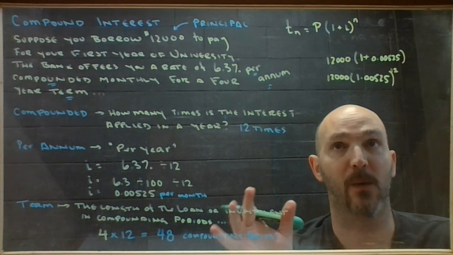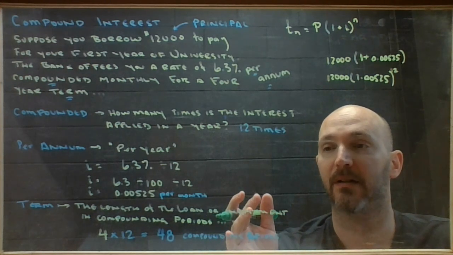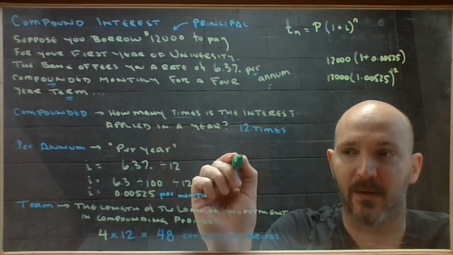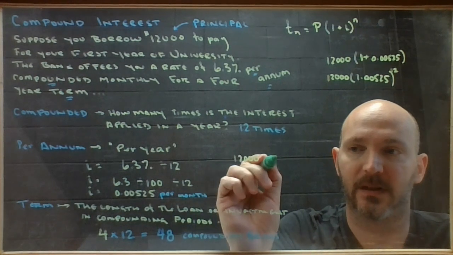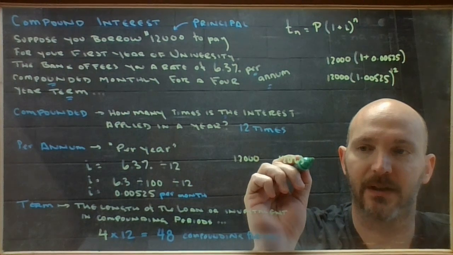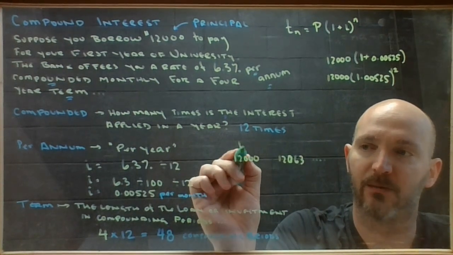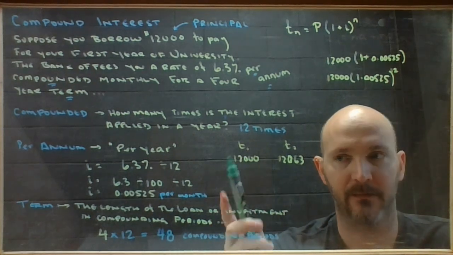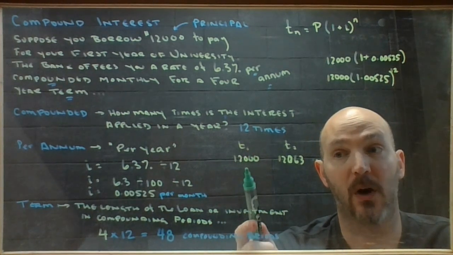Now you might be asking, why is it n and not n minus 1? Well, this sequence would start as 12,000, then 12,063, and we would have called that term 1, we would have called that term 2. But this is not how much you owe after a month.